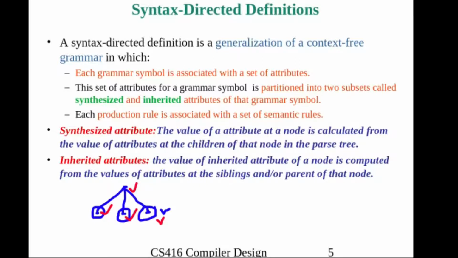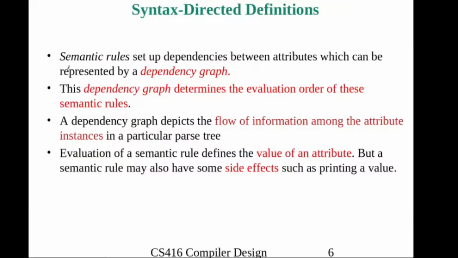Synthesized attributes are those attributes whose value depends on its children, and inherited attributes are the attributes of a node whose value depends on its siblings and/or its parent. Semantic rules set up dependency. We know that an attribute's value depends on either parents, siblings or children of a node.